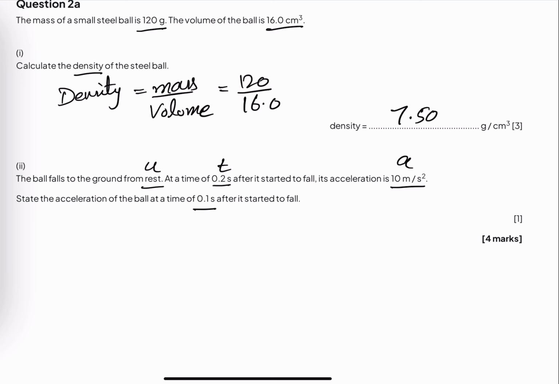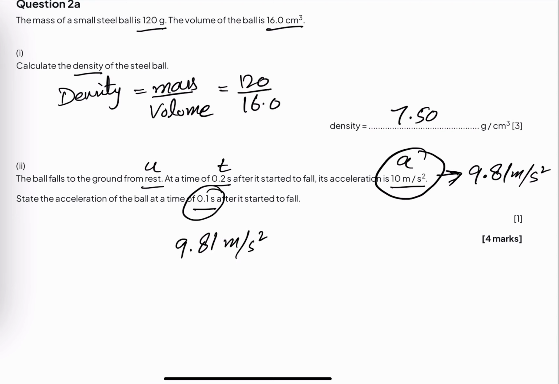Okay, so basically it's a free fall case, and the more precise value of acceleration is not 10, it's basically 9.81. Okay, so in the free fall case, the maximum possible acceleration is 9.81 meter per second square. So if there is no air resistance after 0.1 second, the acceleration will remain the same and its value will be 9.81 meter per second square.